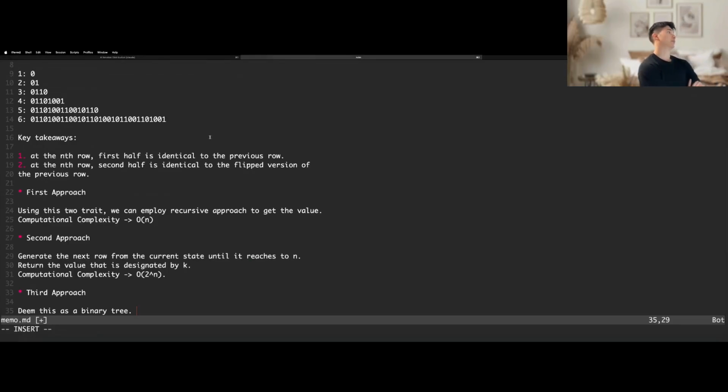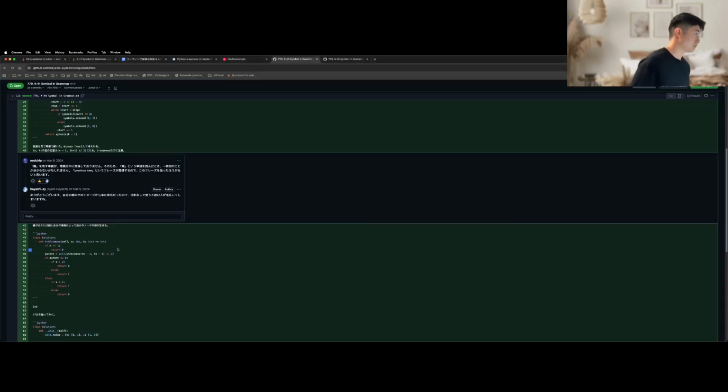Binary tree. Are you sure? Okay, looking at this, parent n minus 1, yeah, of course, n minus 1, and k plus 1 divided by 2.